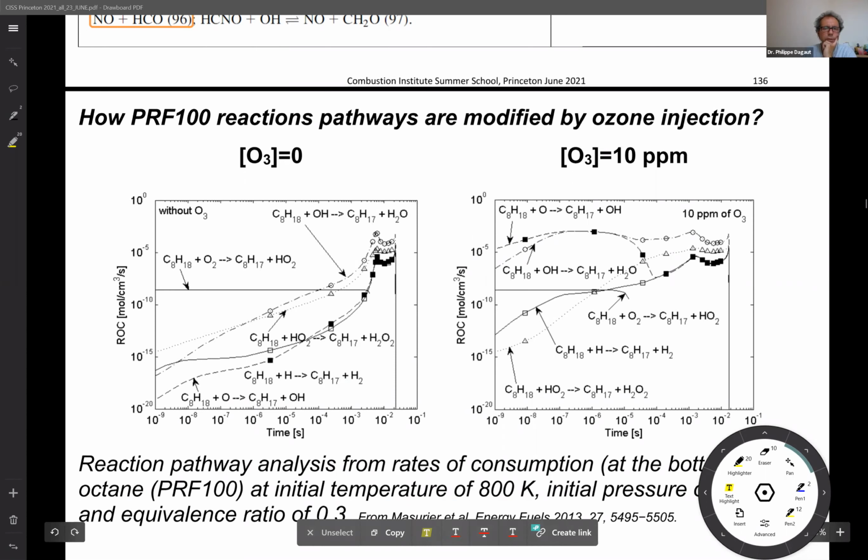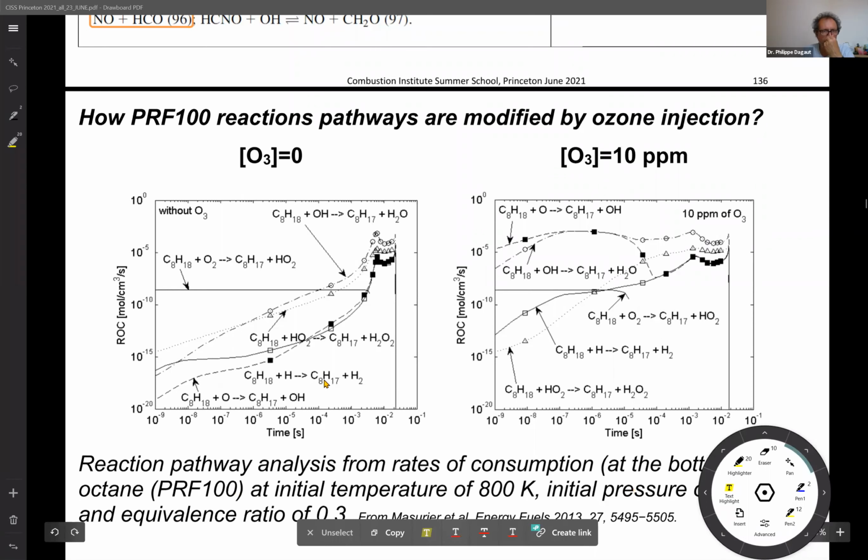So here we are considering the oxidation of isooctane. So isooctane is PRF 100. It is not very reactive below 800 Kelvin.